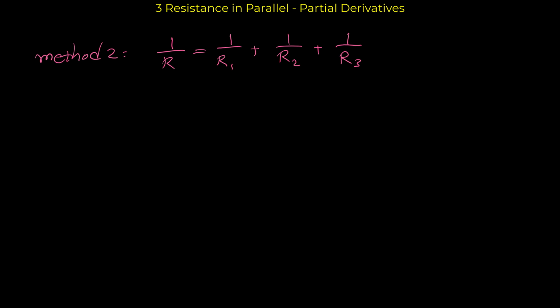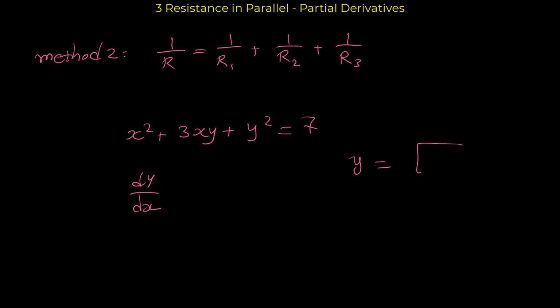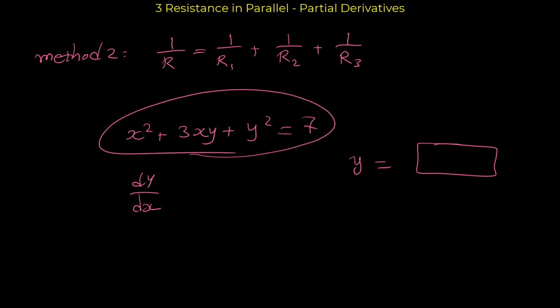Maybe some of you do not remember fully implicit differentiation. What was that? When we have a relation that the function and the variable are mixed together, something like this. Suppose we have x to the 2 plus 3xy plus y to the 2 equals 7. And if you want to find, for example, dy over dx here, because y is not given simply in terms of x, y is not given in terms of x directly, so we say this is an implicit relation.